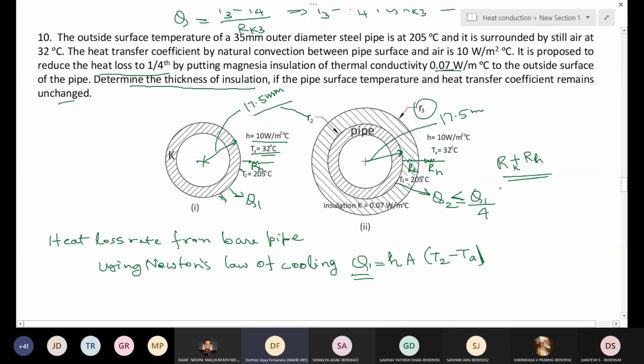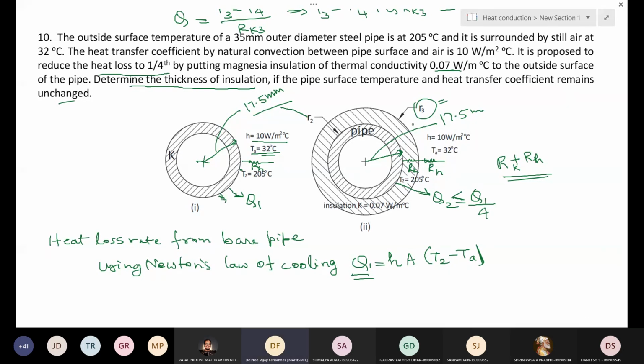That's the condition we can put, and we can solve that equation of resistances and obtain the value of R3. Try it yourself and tell me the value of R3 in the next class.